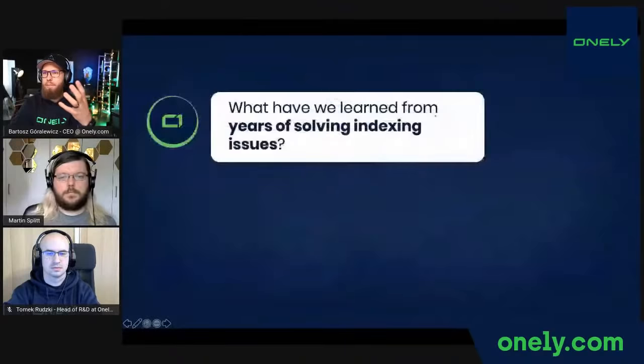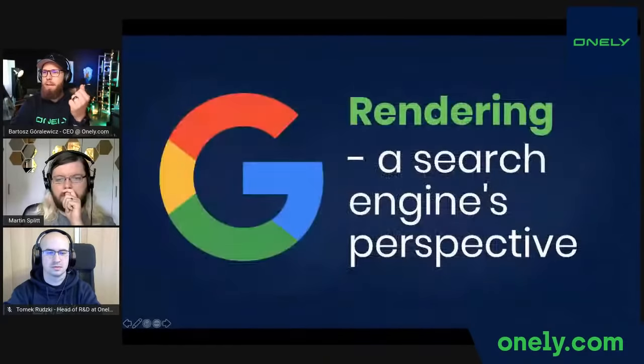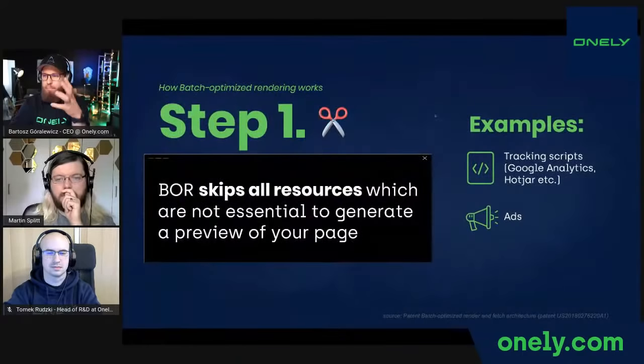So some pages will have only a bit of their content indexed. For example, they'll have their main product description indexed, but they won't have the similar products or something like that indexed or maybe rendered by Google. And we actually struggled with this problem with some of our clients.